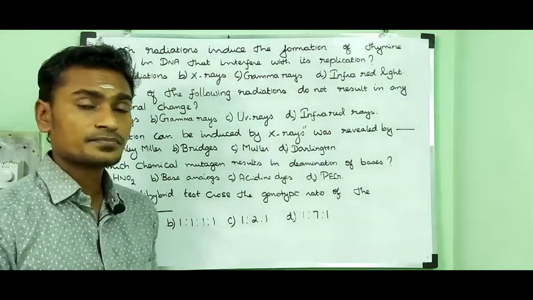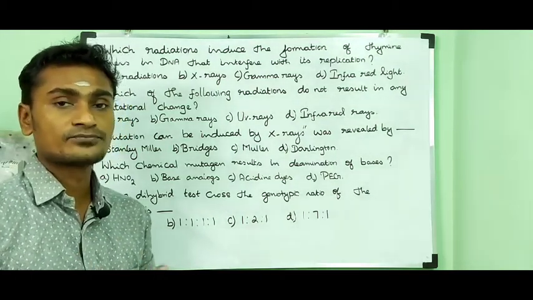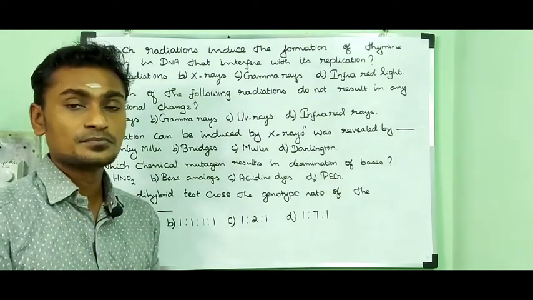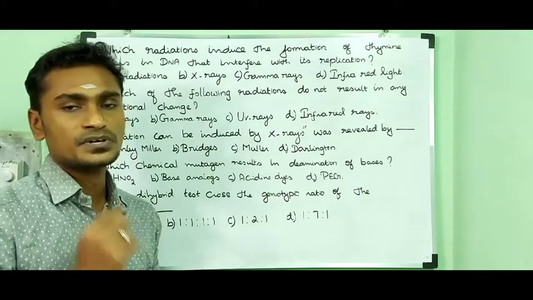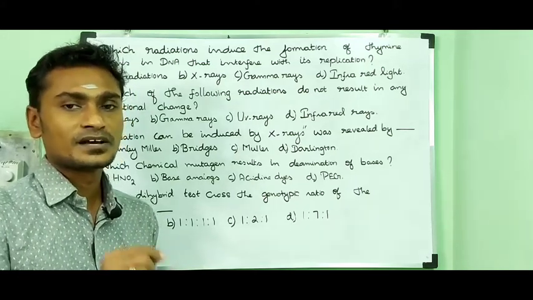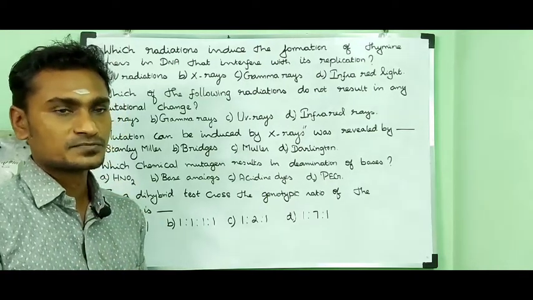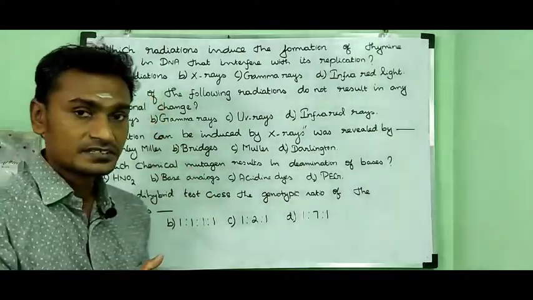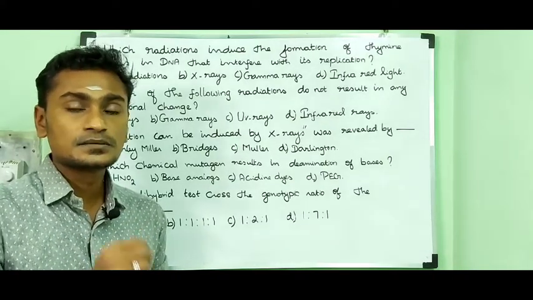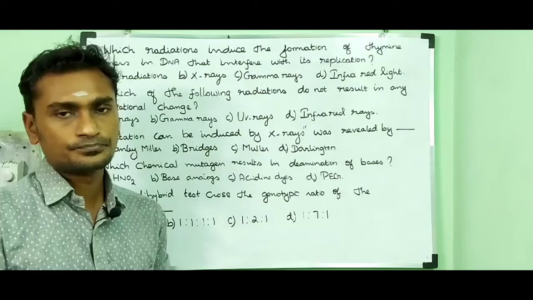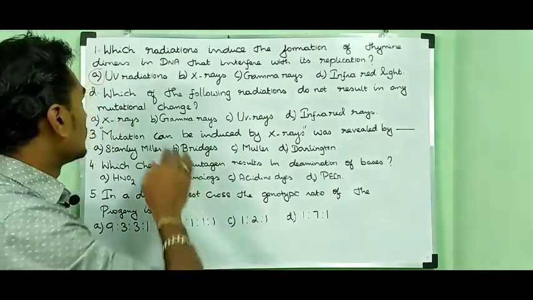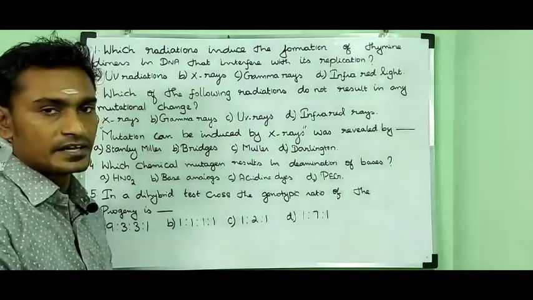UV radiation can form covalent linkages between consecutive nitrogenous bases along the nucleotides. So option A is the right answer.